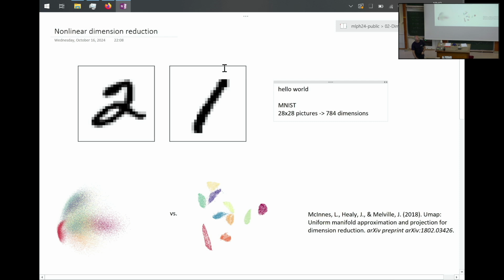Yeah, so we can say, all right, we turn such a picture into a vector by just reading out the values from left to right on the first line, and then continuing left to right on the second line, and then on the third line, and so on. Right, and then we get, so what is 28 squared? Is it 784? Is it?